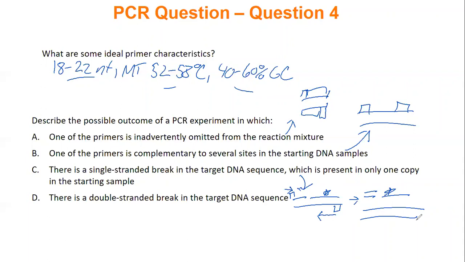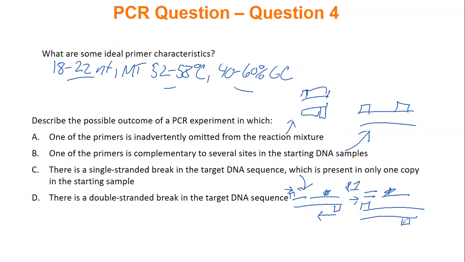You'd copy the bottom strand, and you also have the top strand left over from the parent. So that's round one. Round two, the primer starts here, primer starts here. Now you're good to go. You have a copy of your DNA that has no breaks in it. Now you can duplicate your DNA like normal. So if there's a single strand break in your DNA sequence, that's not really an issue.